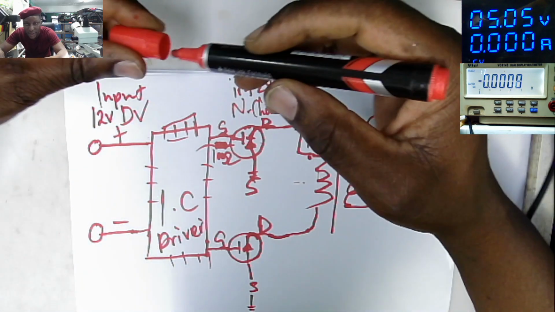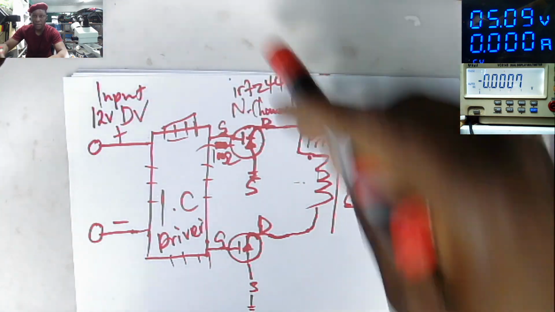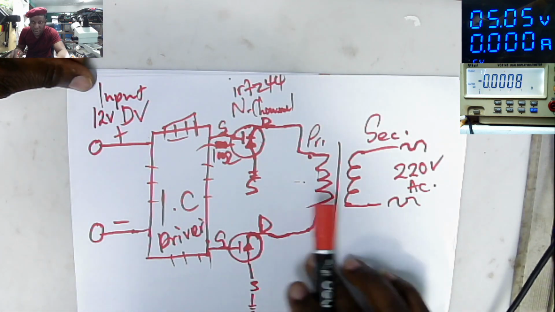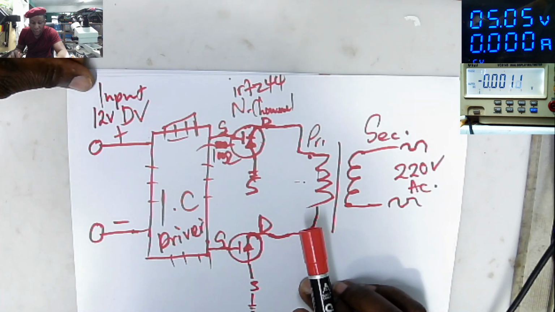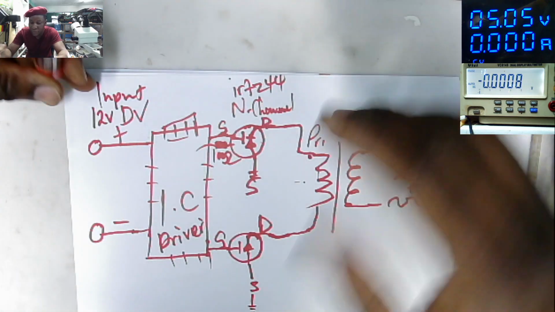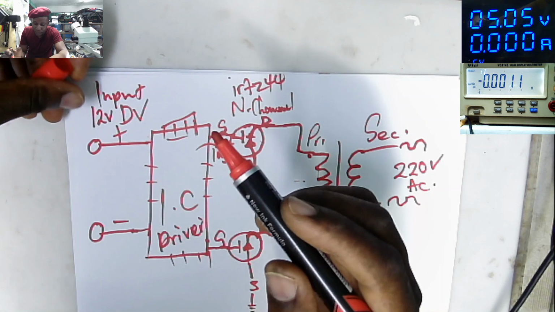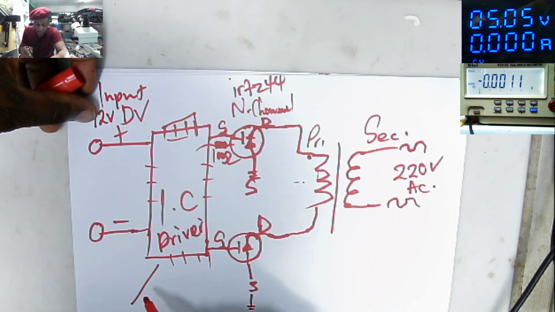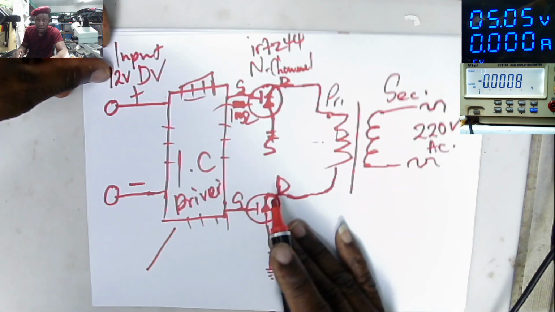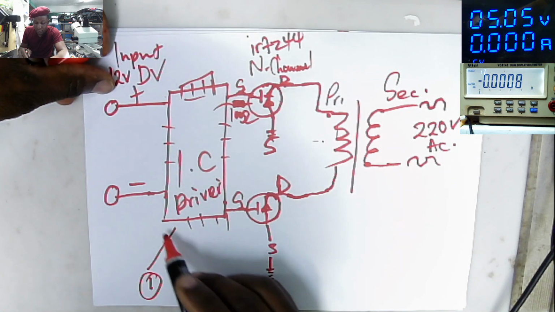So my next question is, what can be the fault here? I'll show you three things that we have to check on this kind of inverters. Number one, this is number one, the driver itself.